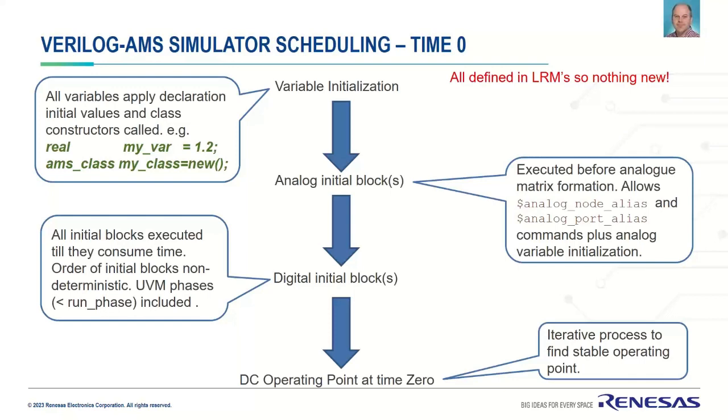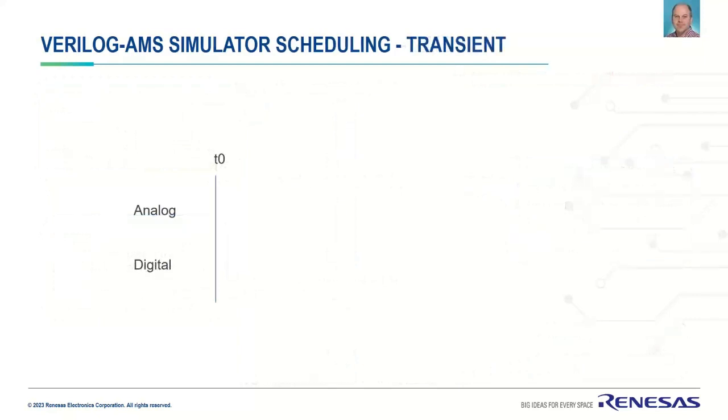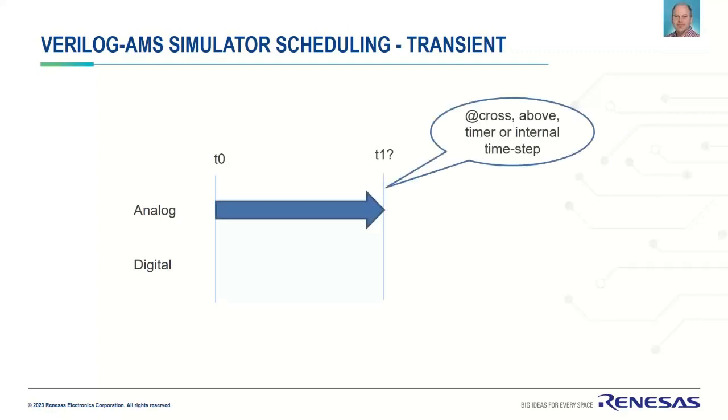Now, digital guys don't like this, but actually the analog solver is in charge. So the people that give you the most grief are actually in charge. What happens is the analog solver goes, I think I can go that far in the future for a time step. It'll go and do all the maths.